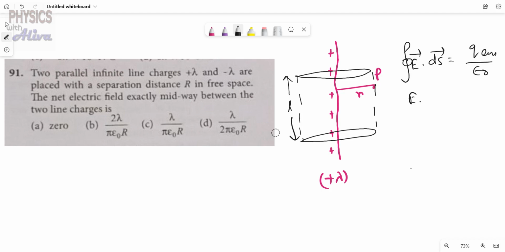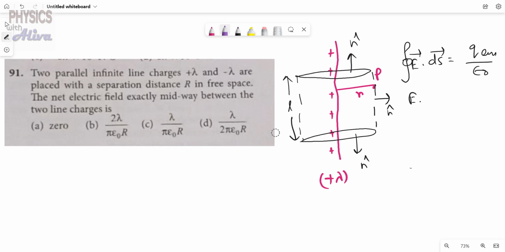For the curved area of the cylinder, the area vector is along this direction. For the upper flat surface, the area vector is along this direction, and for the lower flat surface, the area vector is along this direction. So for the upper surface and the lower surface, the angle between the electric field vector and the area vector is 90 degrees.